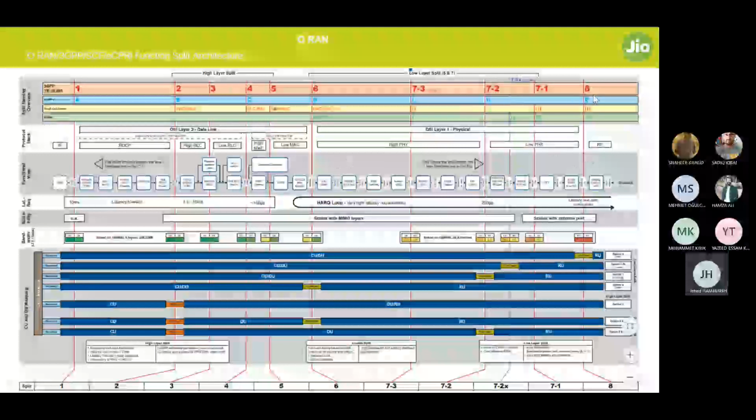You have split 8, for example, with the RF unit only in one part, and the other functions in a different solution. But this is usually determined by the company based on features, requirements, capabilities, cost, latency, and other parameters to look after.